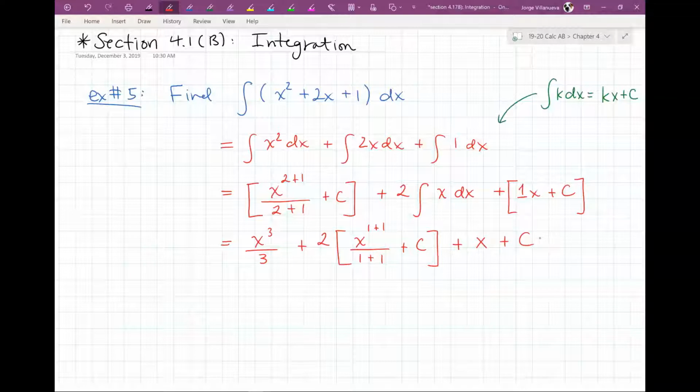Okay, so remember, this part right here gave us that. The x squared dx gave us the x cubed over 3. The 1 dx gave us that part right there, the x plus c.